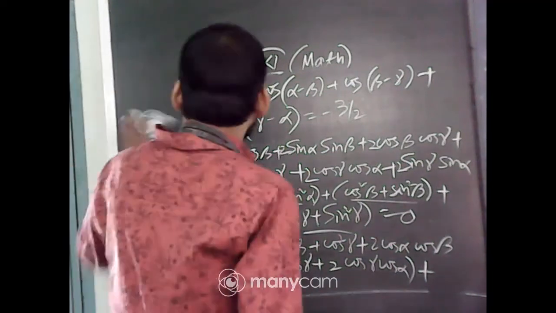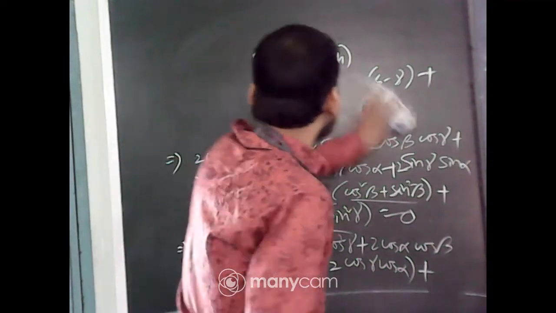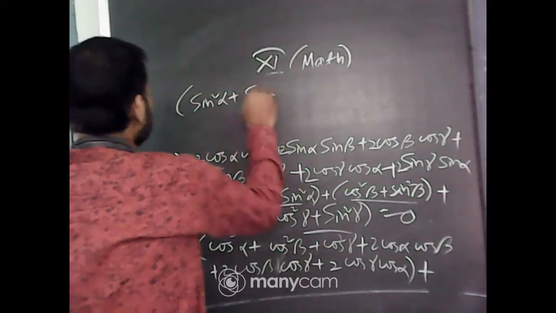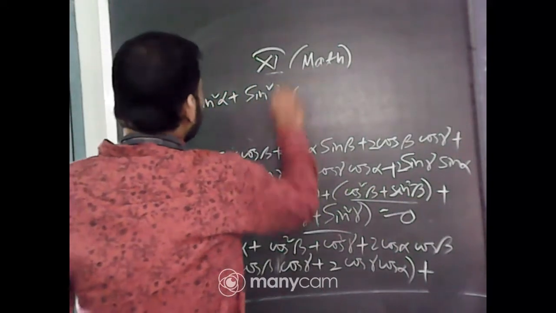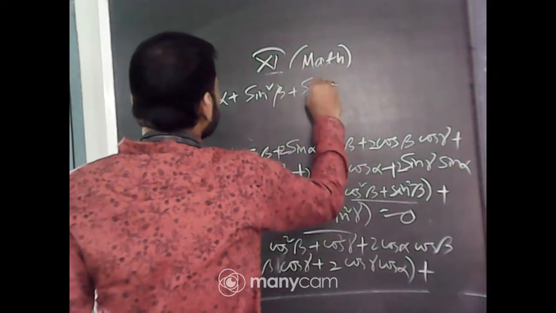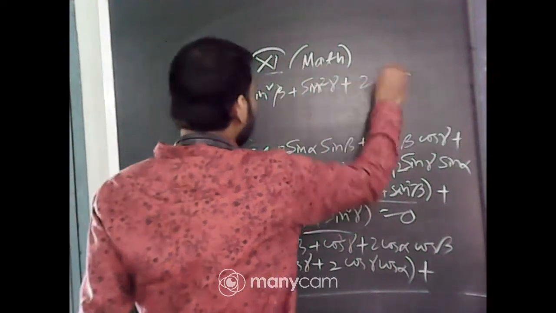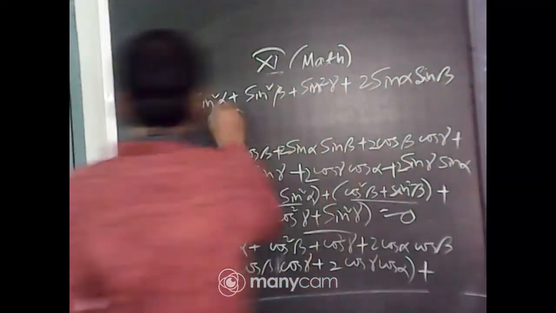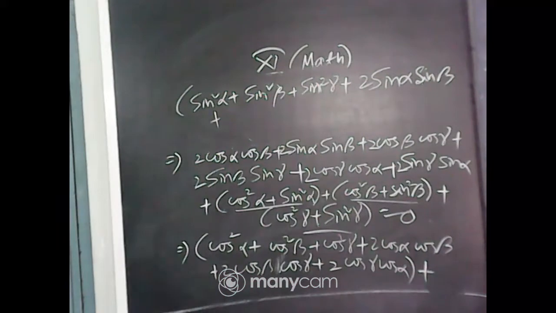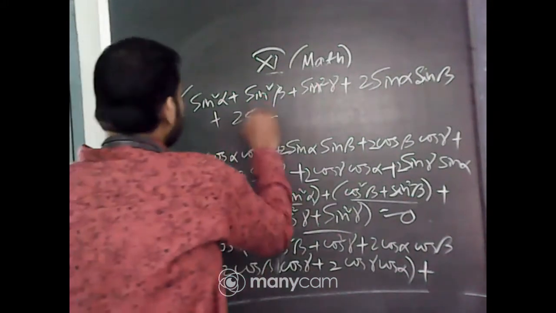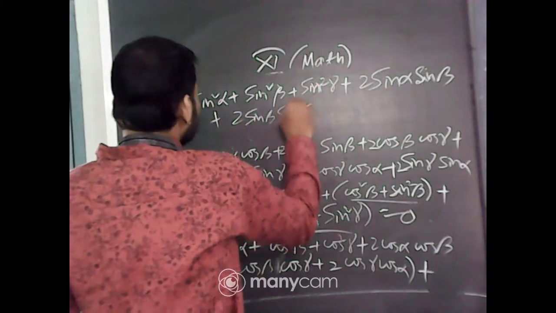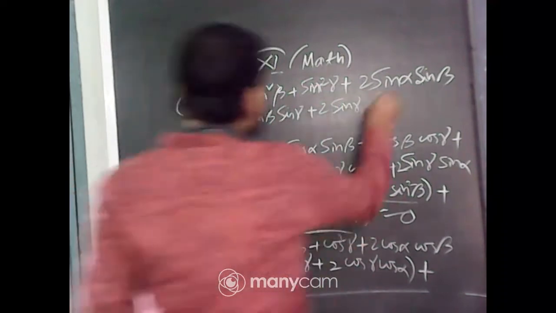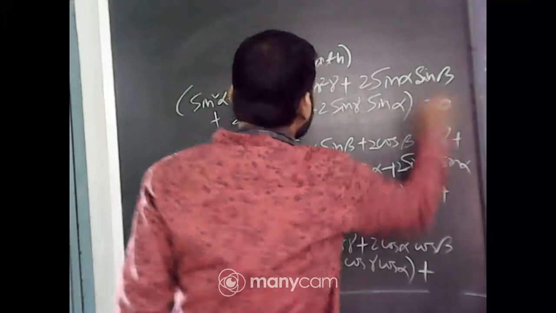Plus now in terms of sin the rest of the terms: sin square alpha plus sin square beta plus sin square gamma plus 2 sin alpha sin beta, then twice sin beta sin gamma, then twice sin gamma sin alpha equals 0.